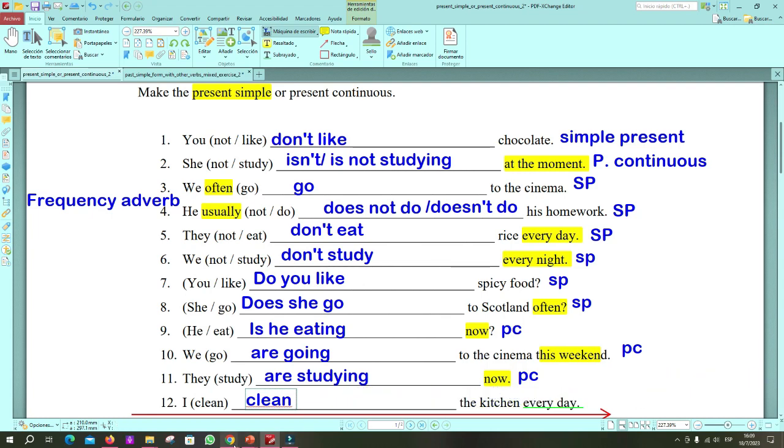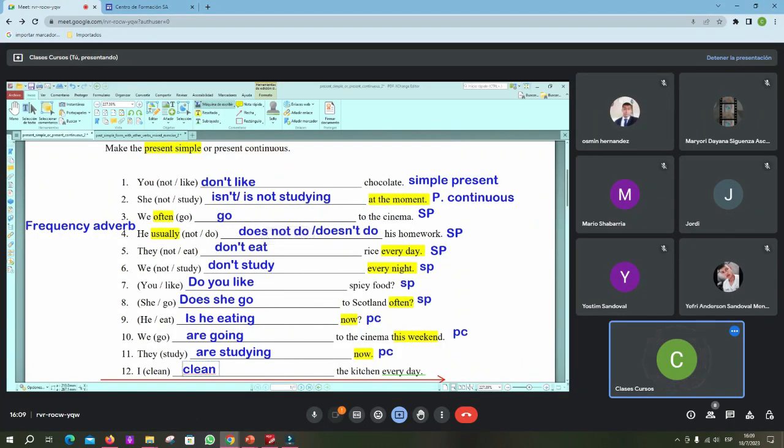Do you have questions about simple present or present continuous? Is it clear for you this? No questions? No, Justin. Okay, that's good. Do you have questions, Mr. Ormin? No? No, teacher. Okay, that's good. That's perfect.